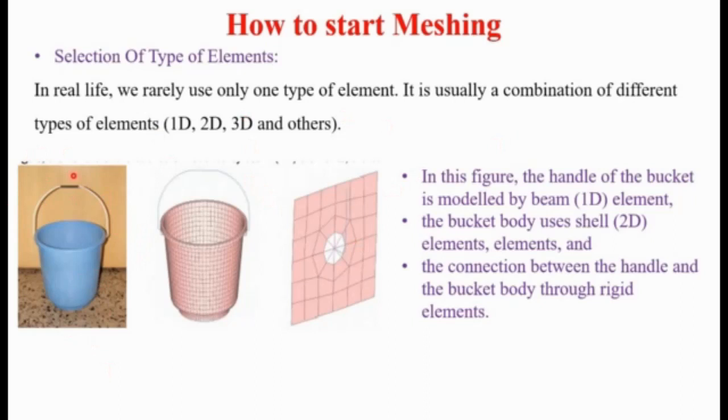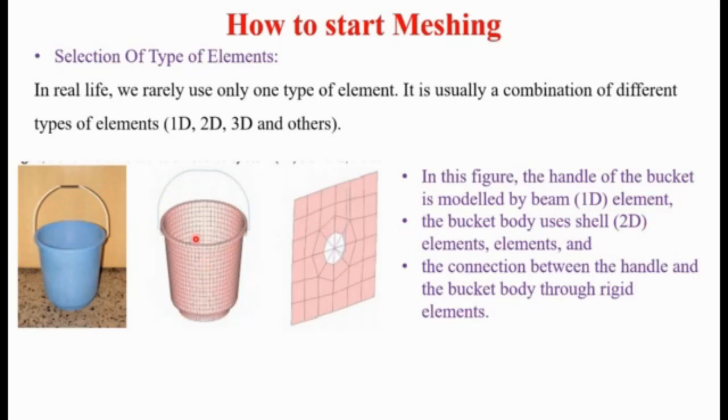Whenever we are going to analyze this bucket, the handle should be modeled by a beam element. Here we can see this handle is modeled by a beam element, a 1D element.